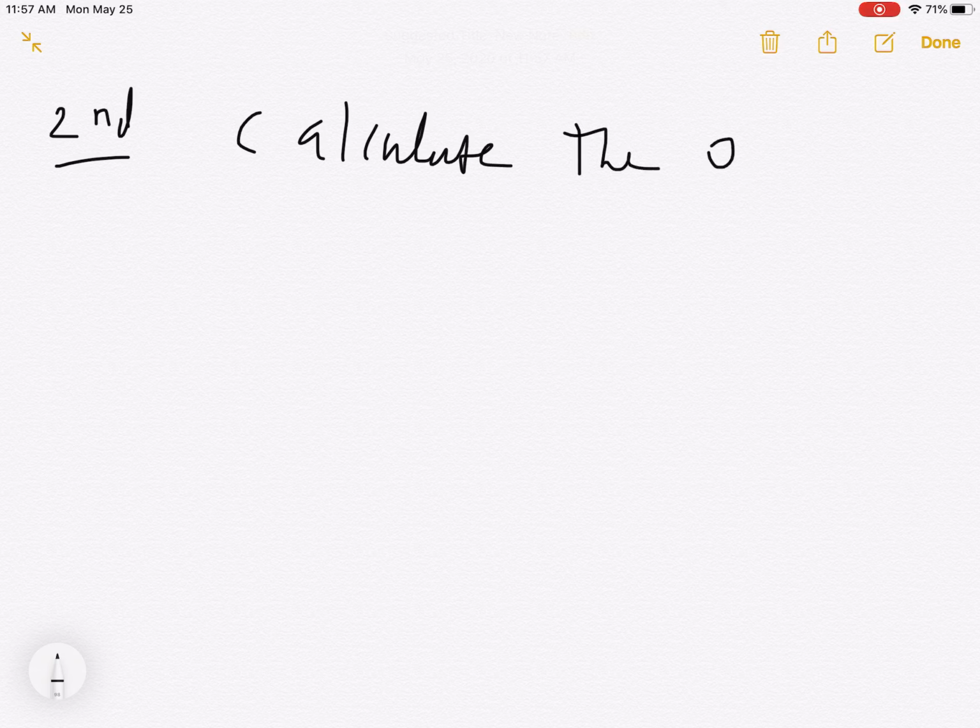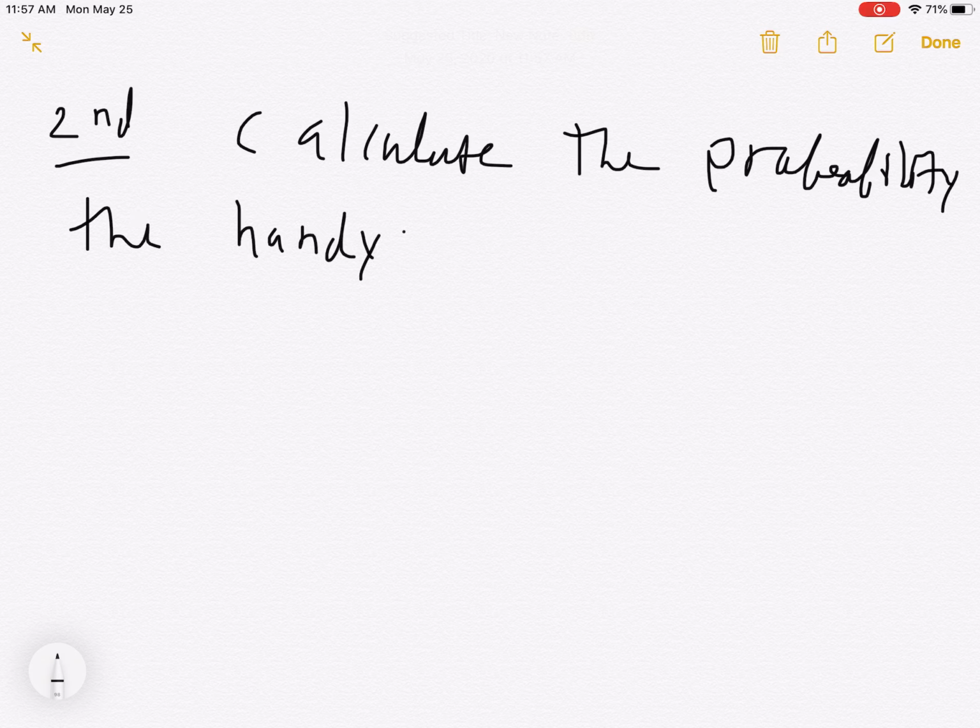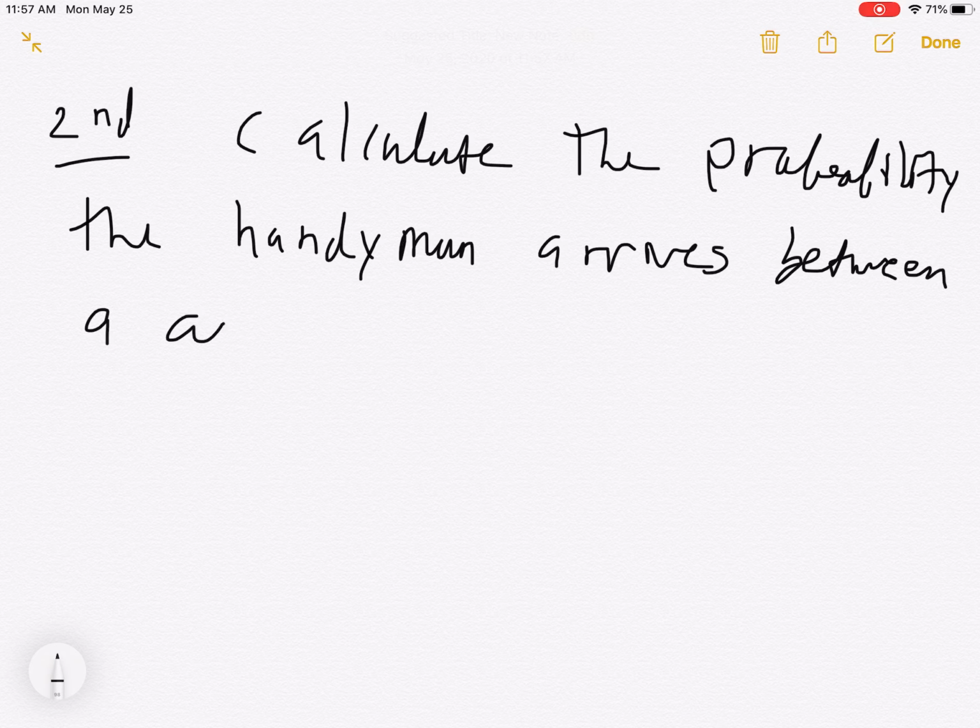Well, second, let's calculate the probability that the handyman arrives between 9 and 11.